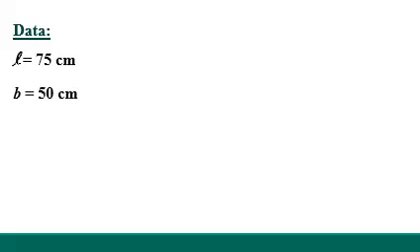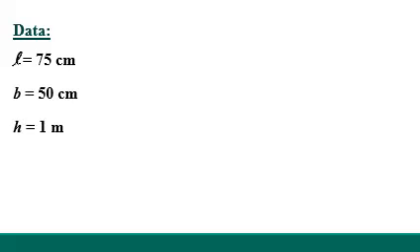Now please give the heading of data. Now we are going to write down the measurements which are known and those which are unknown. So length is equals to 75 centimeters, breadth is equals to 50 centimeters, height is equals to 1 meter.